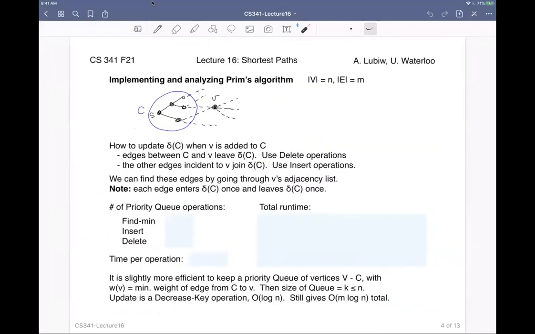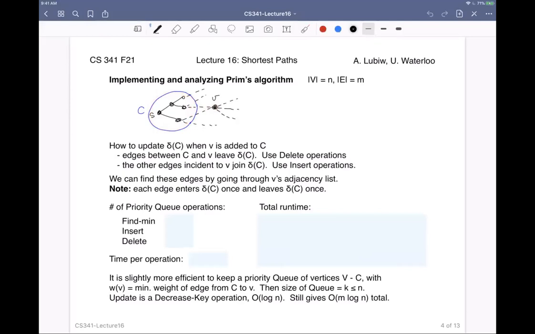All right, so here again is the general picture of what we're looking at in Prim's algorithm. We have a current set C, and I'm supposing here that V is the vertex that I am going to add to the set C. And how am I going to update this boundary set? So let me see.